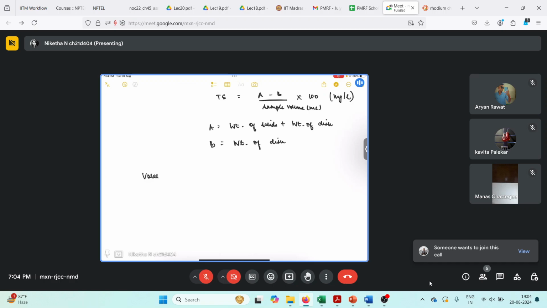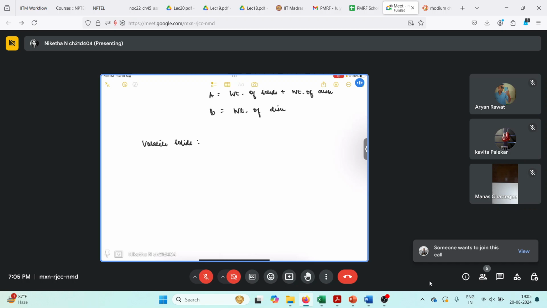Now for volatile solids, similarly we have to heat the sample, but the temperature at which the sample is heated will be higher. So basically what we want to achieve here is we want to evaporate all the volatile solids present, and then we want to check the weight of the sample before and after the volatile solids have evaporated.